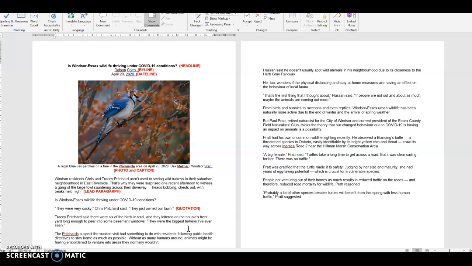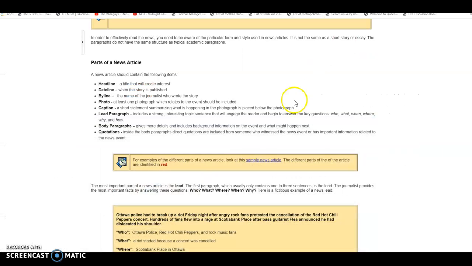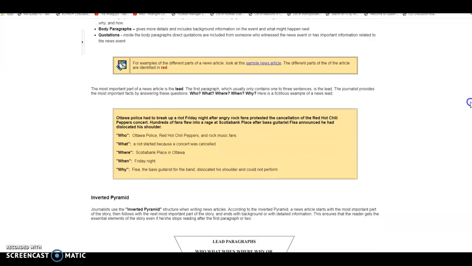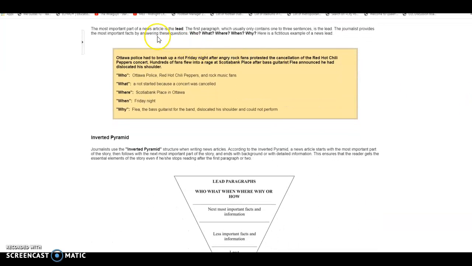You're going to have to write your own news report in this activity, so it's important that you understand the different parts. Okay. If we go a little bit further, a news report tries to answer what are called the 5 W's: the who, what, where, when, and why.